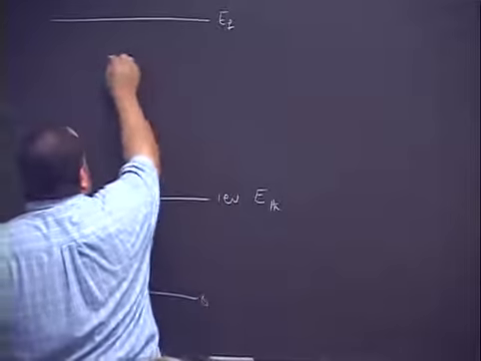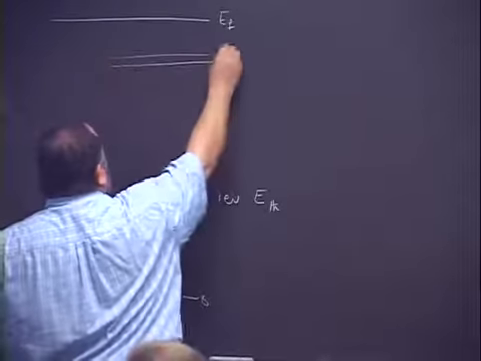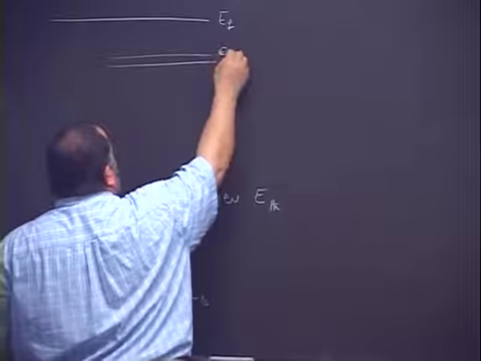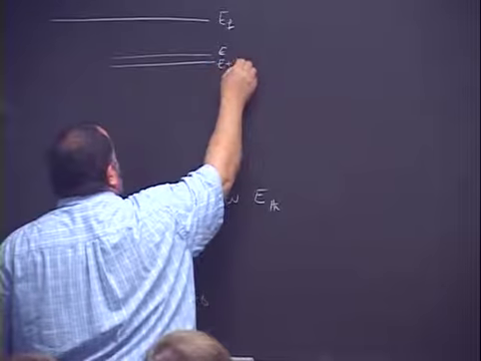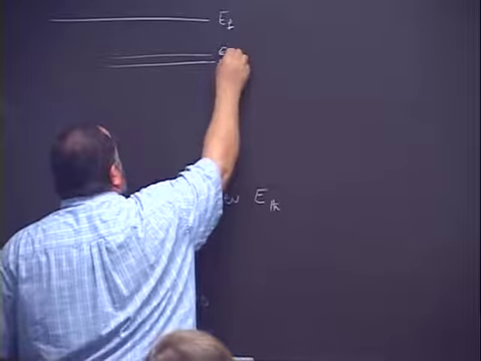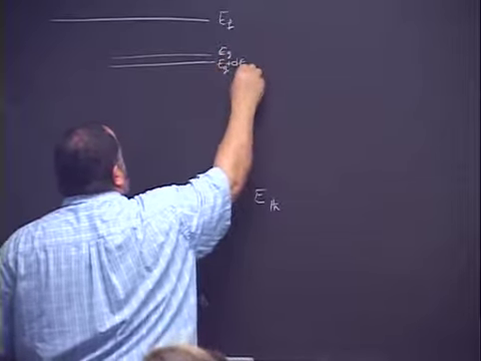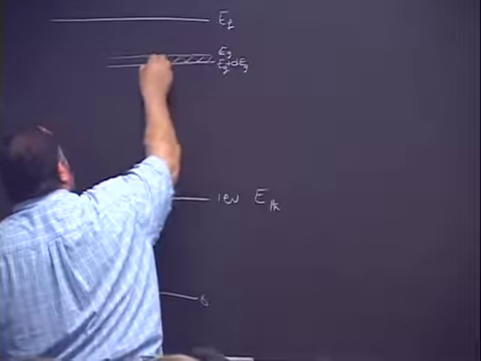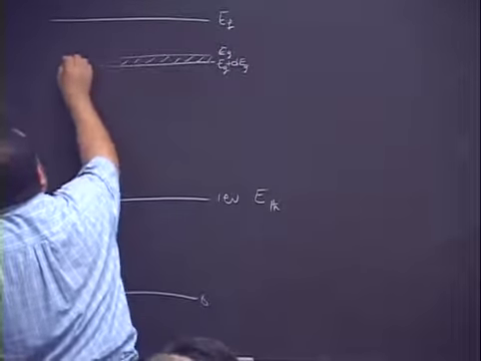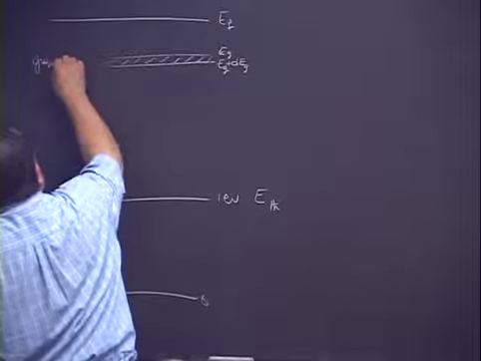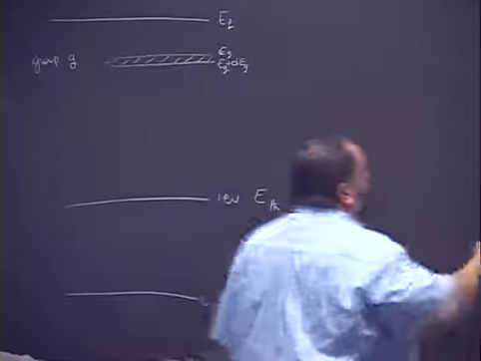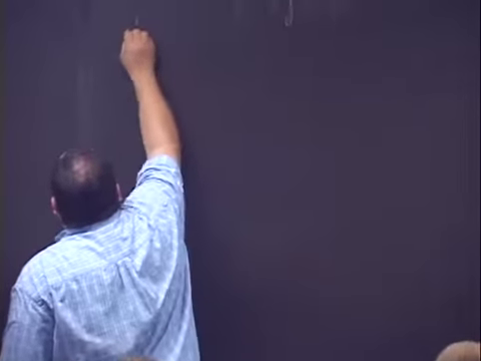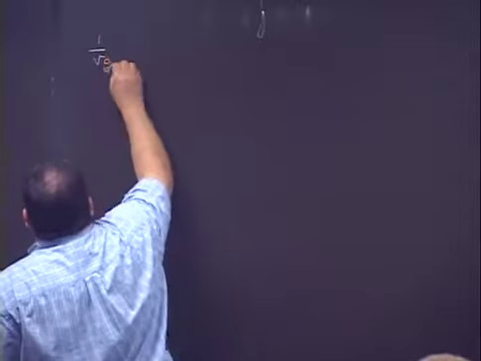And let's assume that you get an energy between E and E plus delta E, and we'll call this group G.